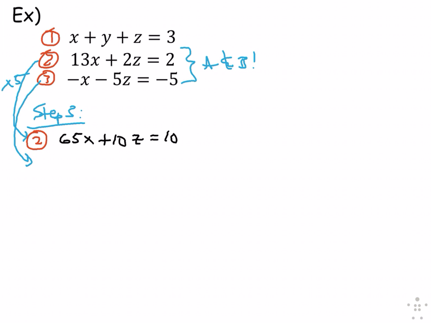I'm going to multiply that one by 2. Very easy additive inverse pair here to create. And I multiply that by 2. Don't drop your sign either. Don't make that positive by mistake.